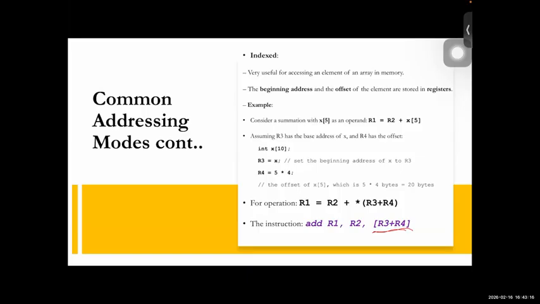What is the difference between displacement and indexed addressing mode? In displacement, the second operand has the base address plus a direct offset value. But in indexed, the offset is computed based on the size of the element. Is that clear? The difference between displacement and indexed addressing mode.